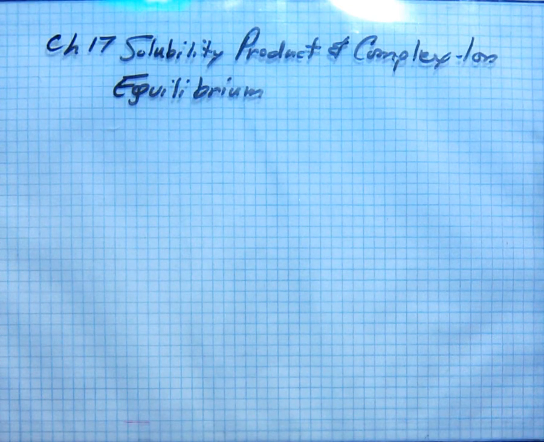Precipitation indicates that a salt, whatever it is, has a very, very low solubility, or some bases and acids that show very limited solubility in water. And that's what this chapter is all about, determining solubilities and how much ion is in solution in terms of molar concentrations.